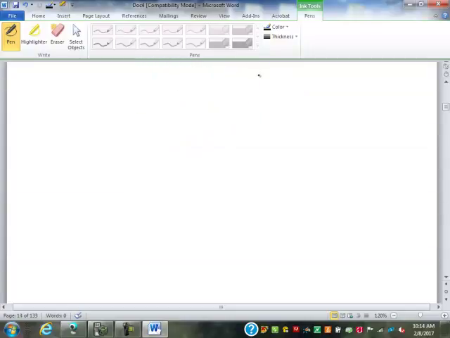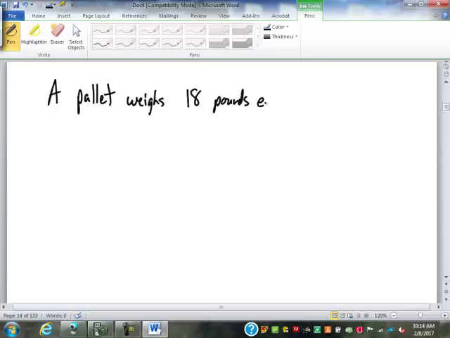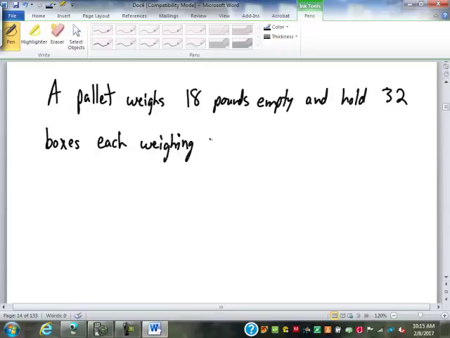Like you might be given: a pallet weighs 18 pounds empty and holds 32 boxes, each weighing 21 pounds. Find the total weight.